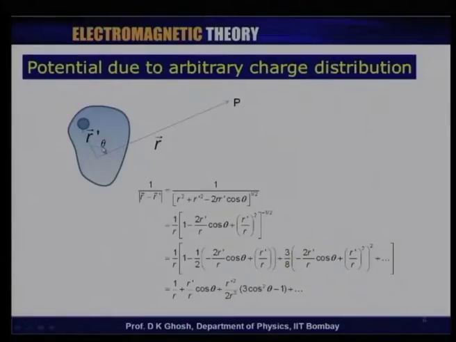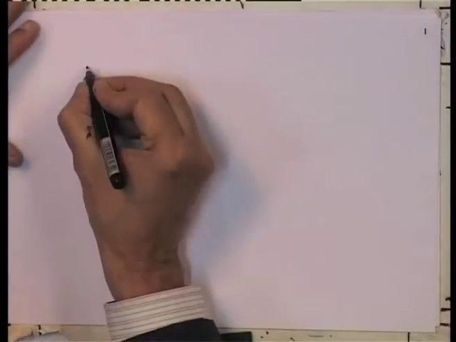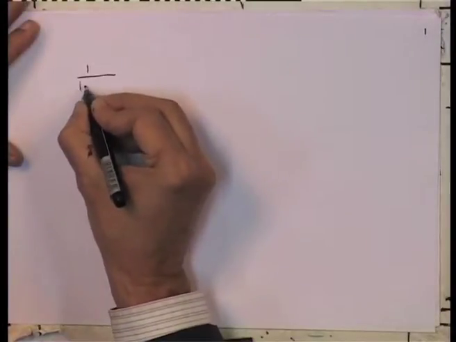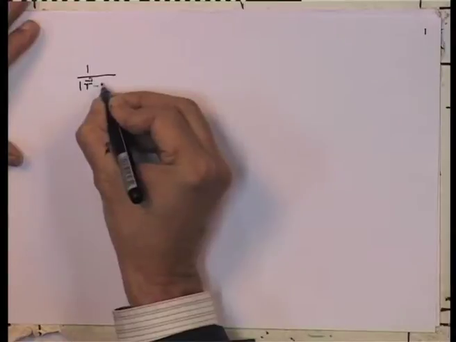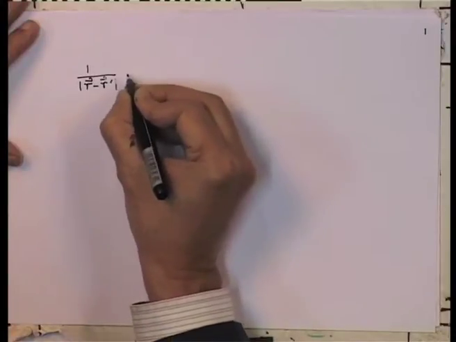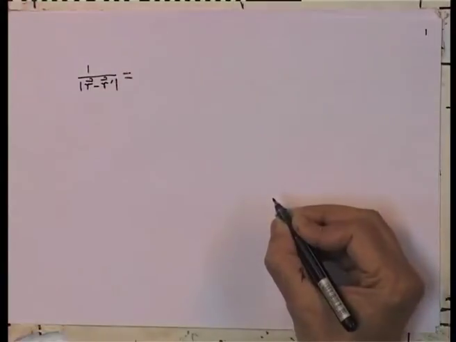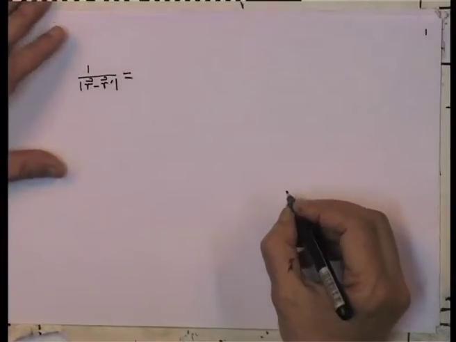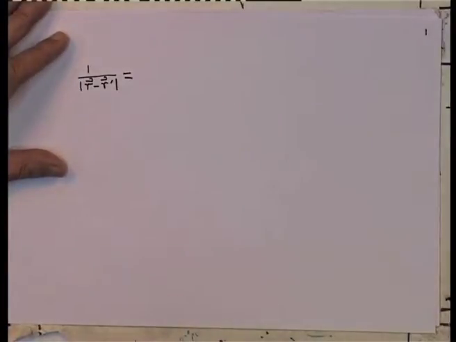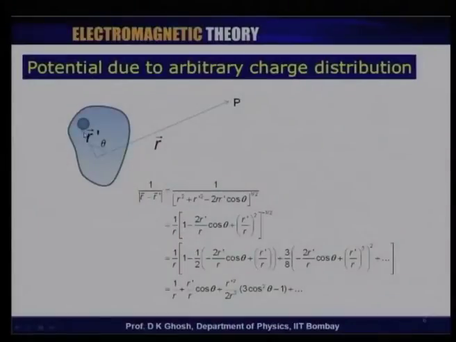Now, we can write down an expression which is useful in calculating the potential, and you know that this is a Coulomb potential. So, let me write down 1 over the magnitude of r minus r prime, which appears in the expression for the Coulomb potential.